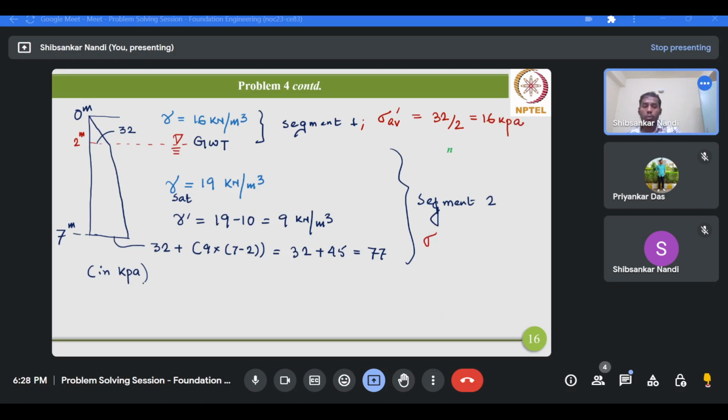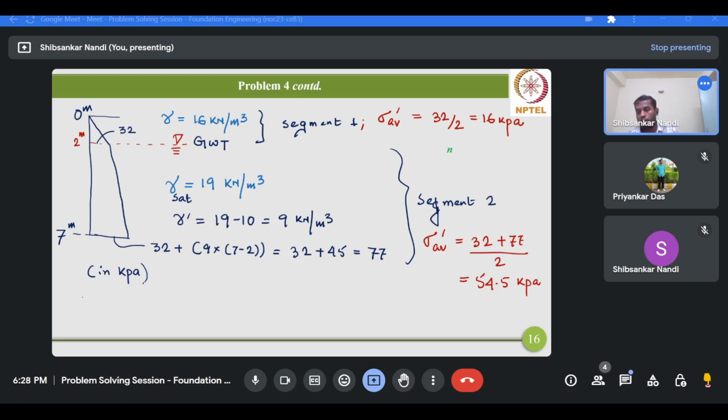For segment 2, the average effective vertical stress will be 32 plus 77 divided by 2, that means 54.5 kPa. Now we have determined the average vertical effective stress for these two segments separately.